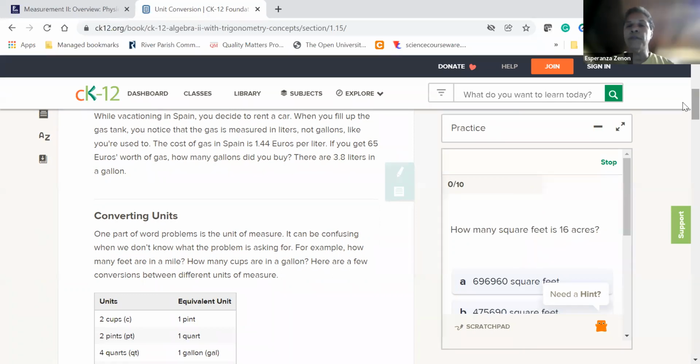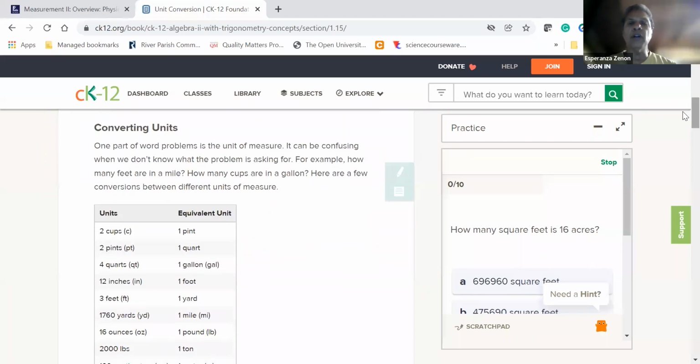And so if you're from this country and you're used to doing things like volume in gallons, then that whole idea of liters might not be something that could roll off the tip of your tongue, so to speak. But you would have to then go and do a conversion to get that equivalent value in liters. Okay.